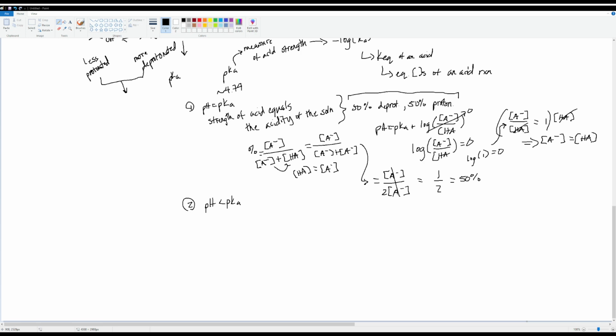Anyways, when our pH is less than our pKa, another way of saying this is we have a lot of H plus in our solution compared to our acid strength.